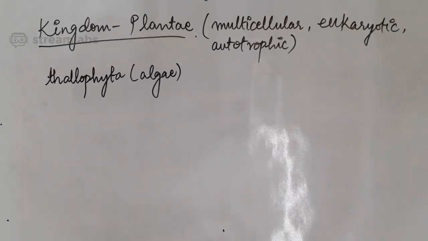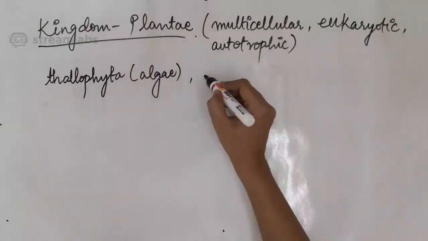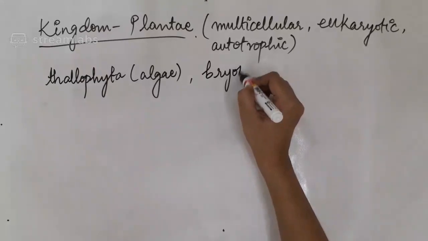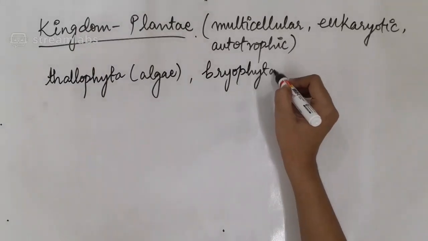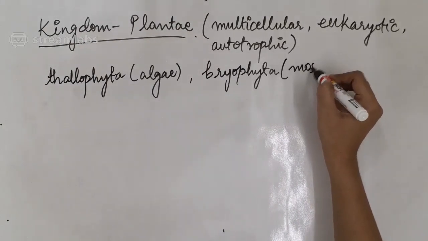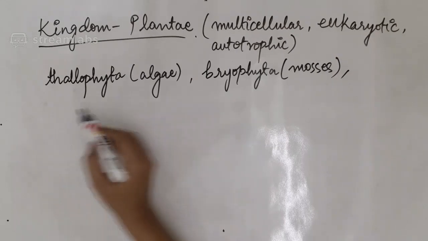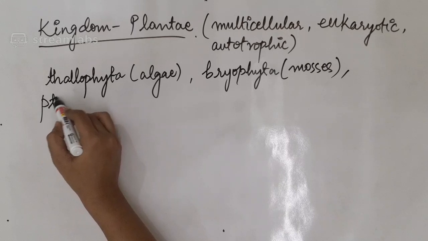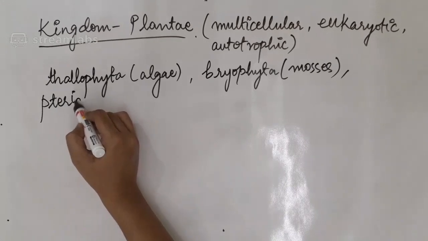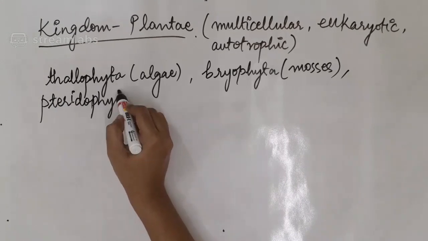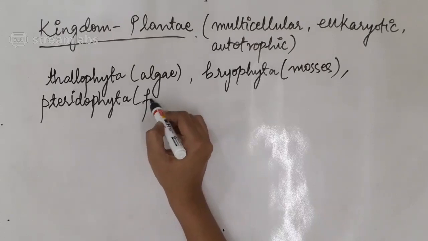Algae is the example of Thallophyta. Next is Bryophyta, example, mosses. Next comes Pteridophyta, example, fern.